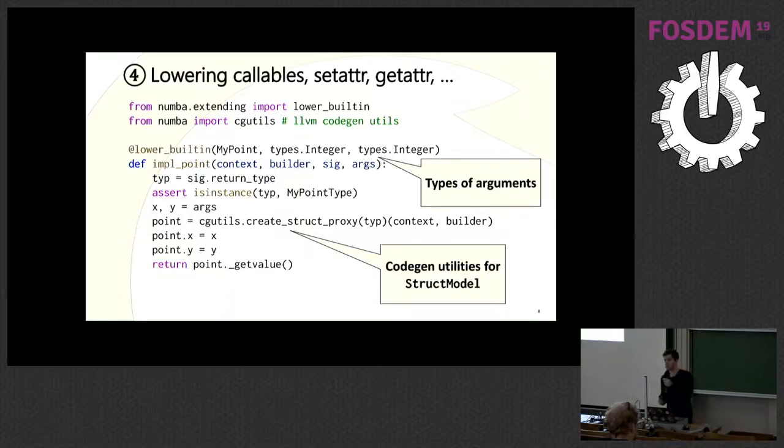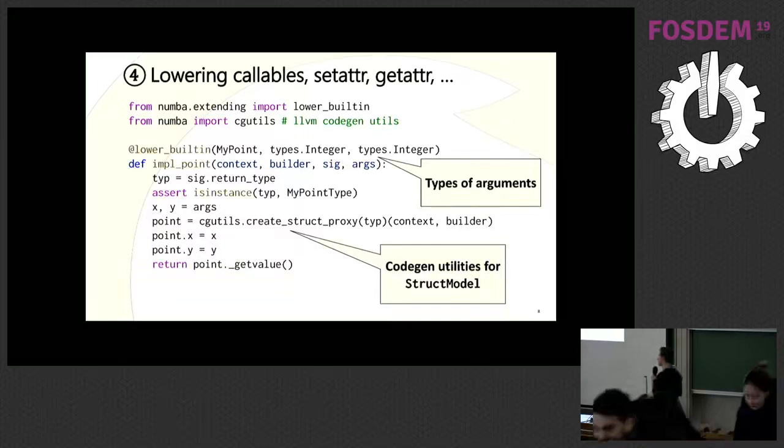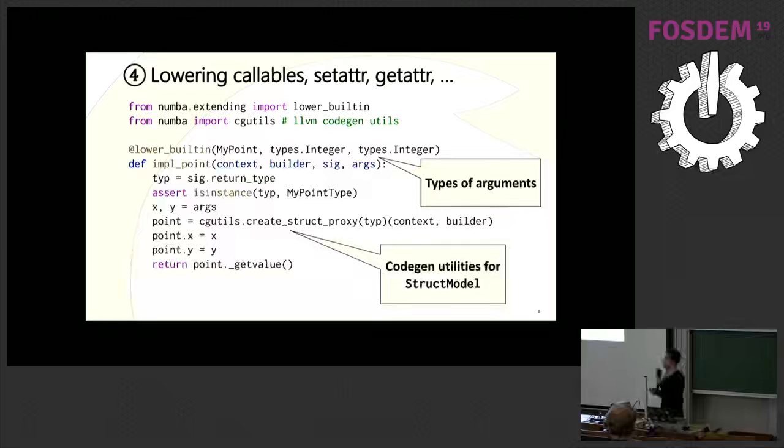But what is important is that for Numba, you're never ever going to, or very rarely are going to generate LLVM intermediate representation yourself. What makes Numba very nice is that they provide a lot of functionality to be able to easily generate LLVM intermediate representation. So this is a nice example.